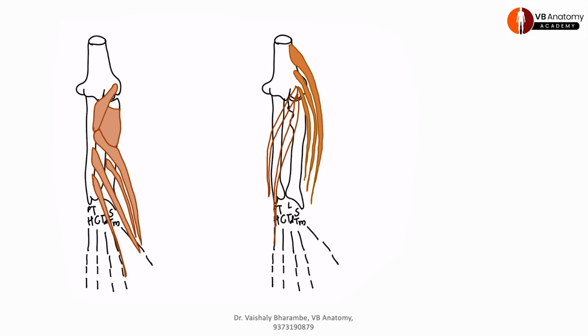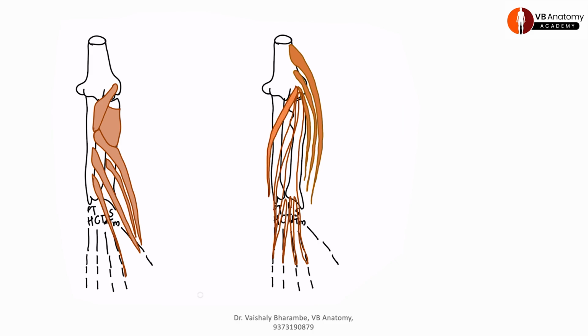And then extending towards the digits forming 4 tendons is your extensor digitorum. Of course, you should not forget that this is the same muscle that results in formation of the digital expansion, dorsal digital expansion. Let's now color these muscles as well.